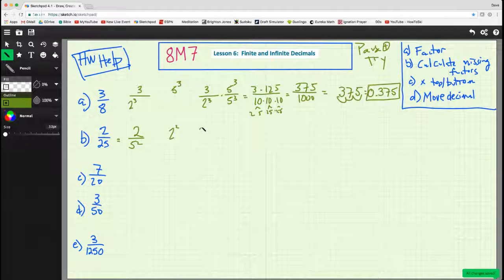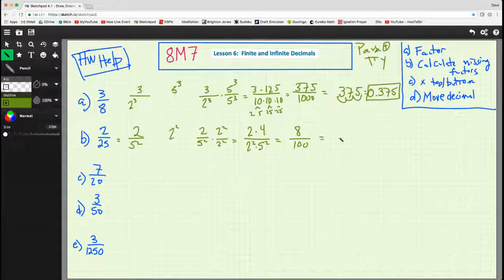And so we're going to say 2 over 5 squared times 2 squared over 2 squared equals, well, 2 times 2 squared is 2 times 4 over 2 squared times 5 squared. So that's equal to 8 over 100, which is equal to 8. We've got to move the decimal twice. So we have to put our zeros out front and move our decimal once, twice, and we get 0.08.